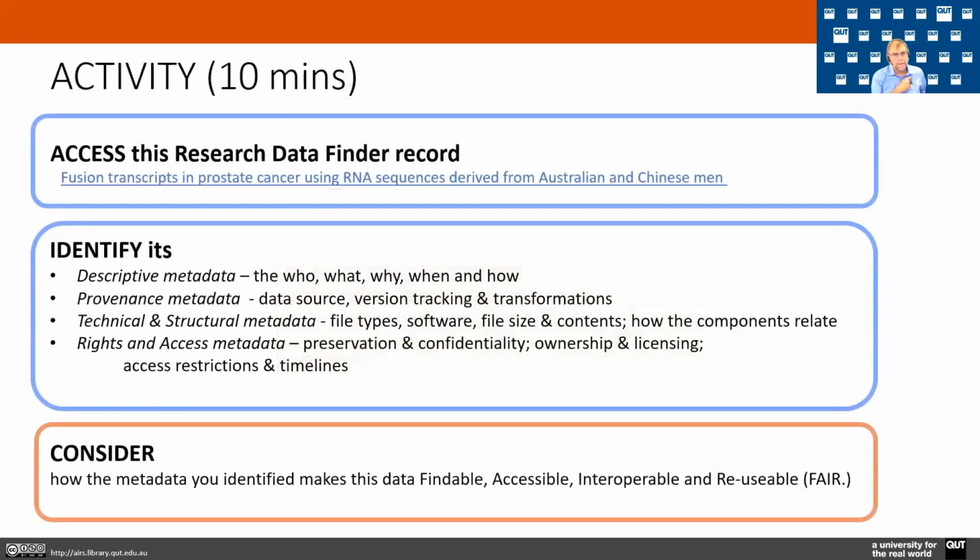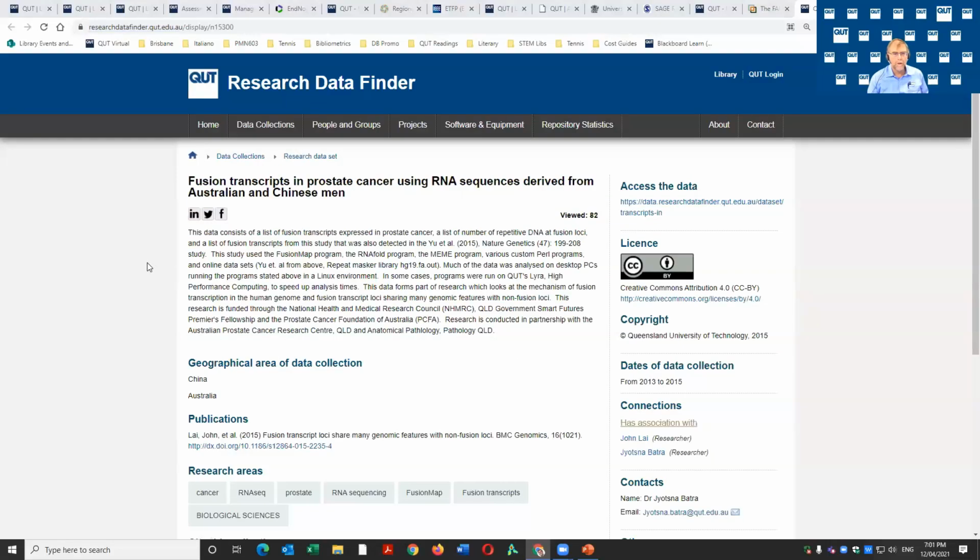Okay, so just to perhaps flesh this out a bit, look at this record here in Research Data Finder. This is a real life data set that has been shared through QUT Research Data Finder.